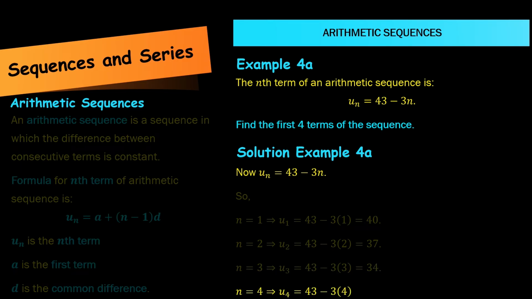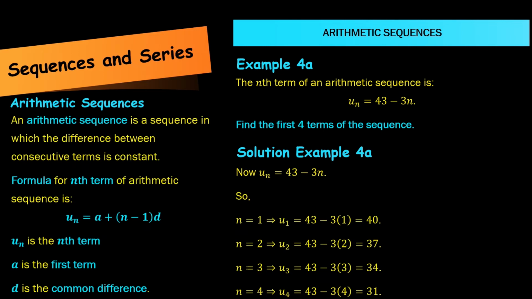And finally for the fourth term, when n equals 4, we have u subscript 4 equals 43 minus 3 times 4, which is equal to 31. So the first four terms of this sequence are 40, 37, 34 and 31.